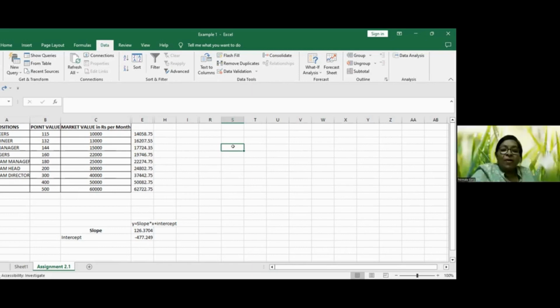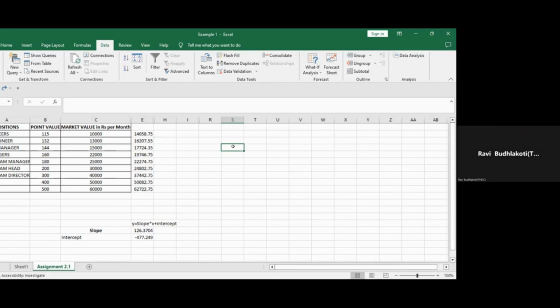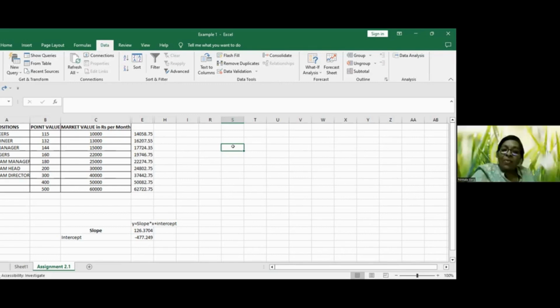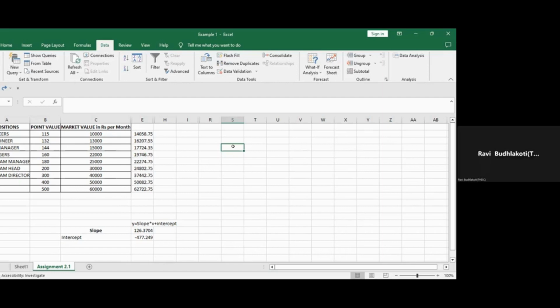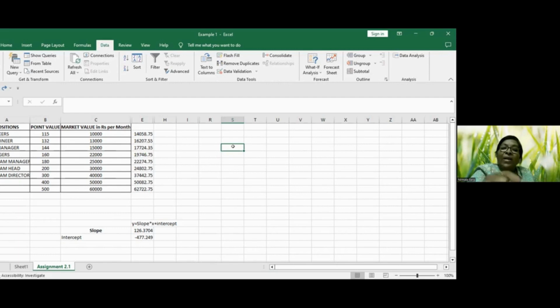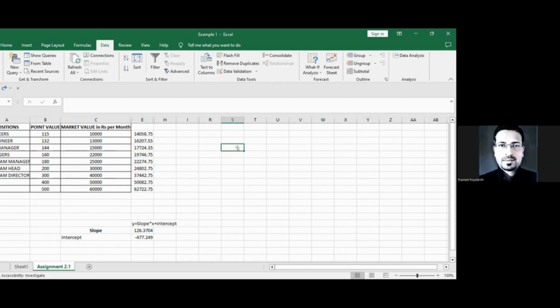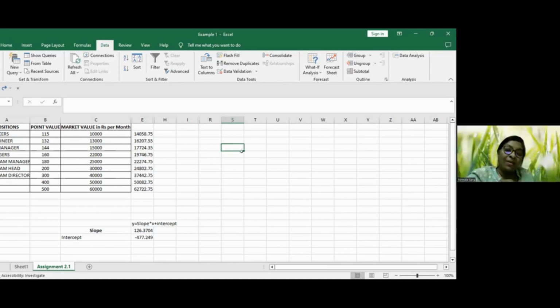Your slope is 126 point multiplied by 1 minus 477. That's the value which will increase if you increase by 1 point. You can actually calculate the increase in salary by 1 point. Yes. Okay.